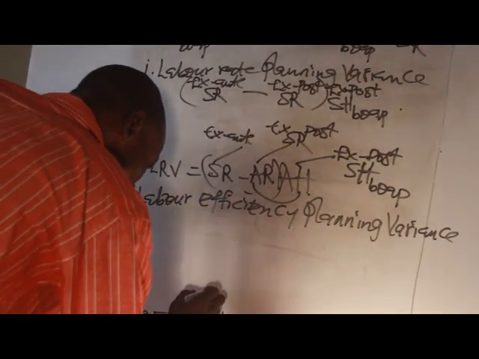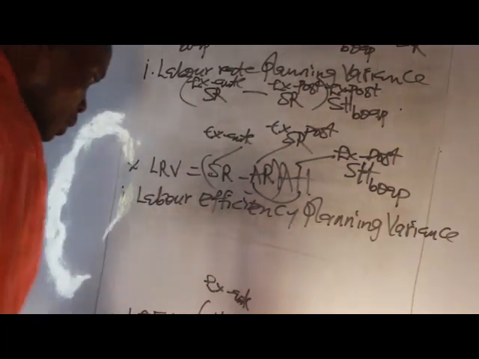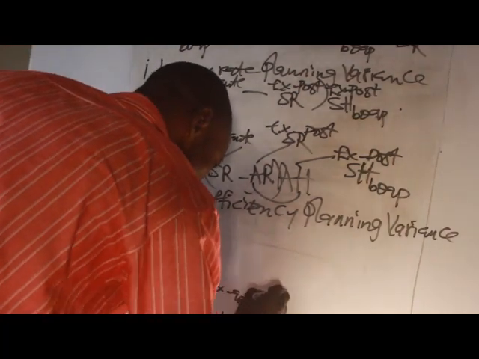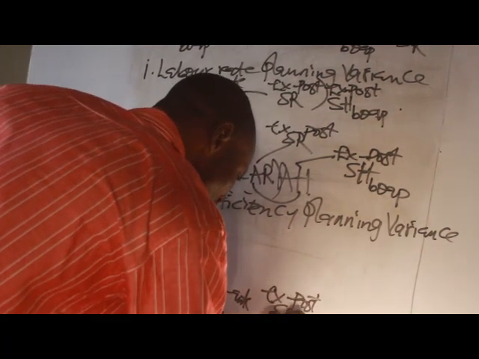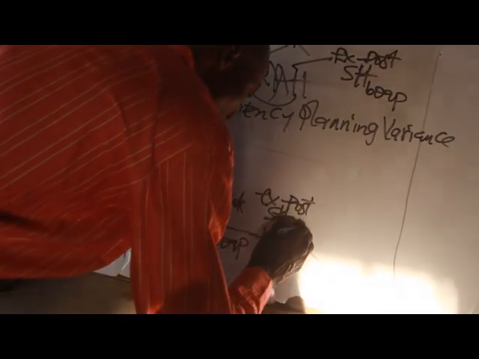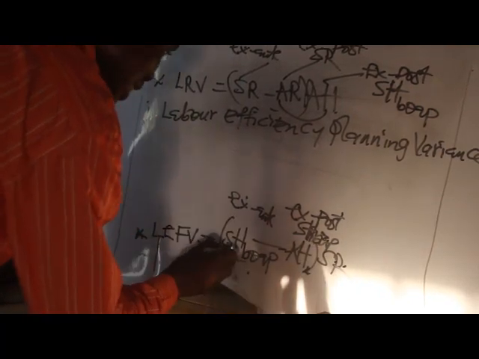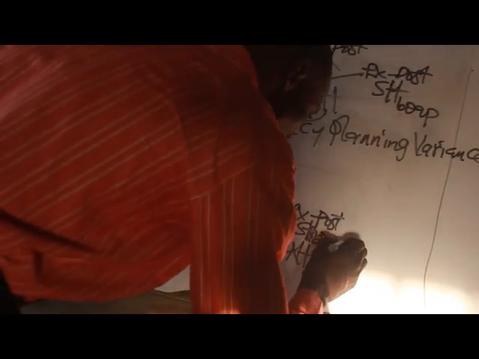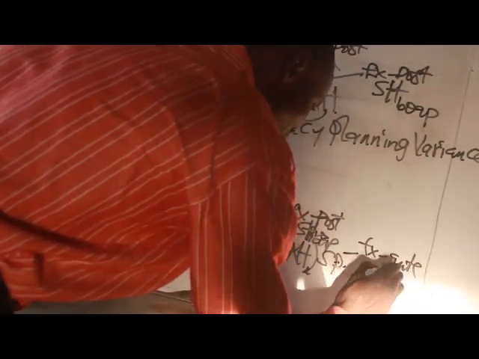So this one becomes ex ante now, standard hour based on actual production. This one now becomes ex post standard hours based on actual production. Then standard rate here. Standard, and the standard here is ex ante. So that means the standard rate here becomes ex ante standard rate.